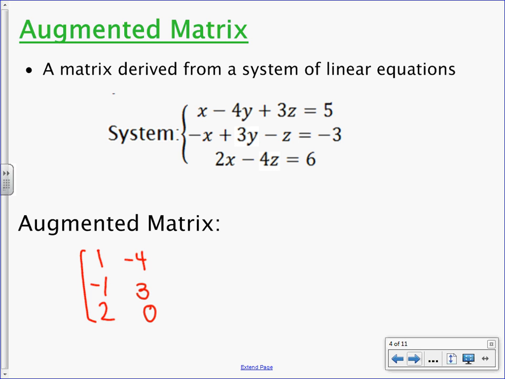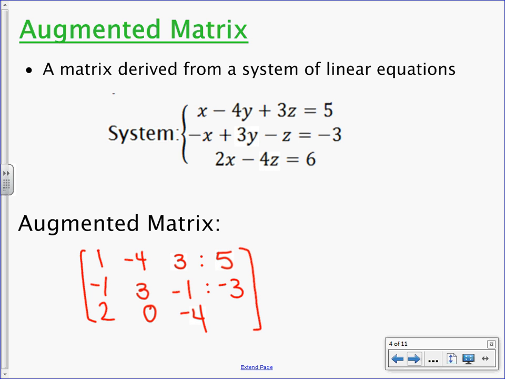Great. And then our z's: what is our first coefficient for z? In the second equation, and our third equation, -4. So there's all the coefficients. x minus 4y plus 3z, we're going to put a colon, and then 5. -x plus 3y minus z equals -3.